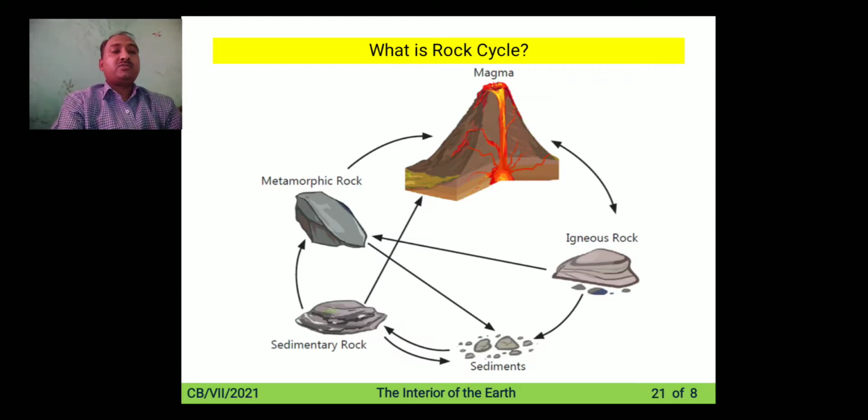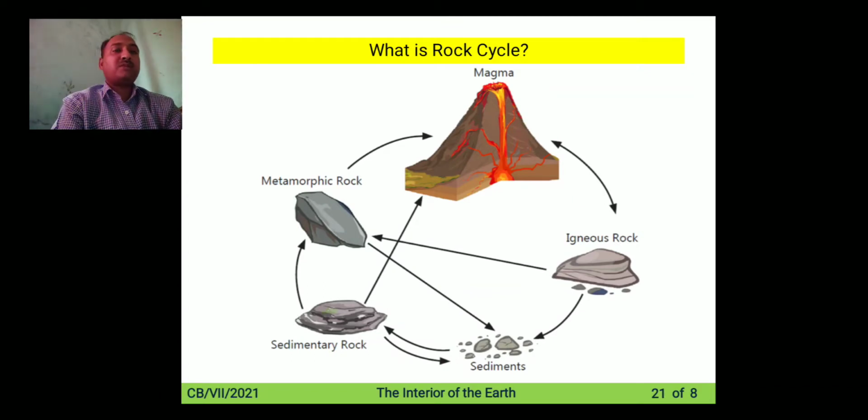Then due to some outer forces such as wind, rain, fire or sunlight, this igneous rock is fragmented into small particles, and you know very well that a particular process happens there. So sedimentary rocks are formed, and then sedimentary rocks are transformed into metamorphic rock.